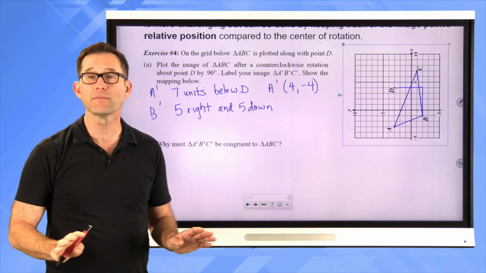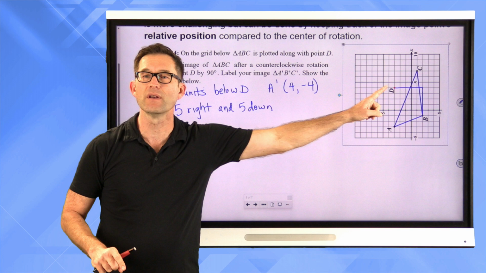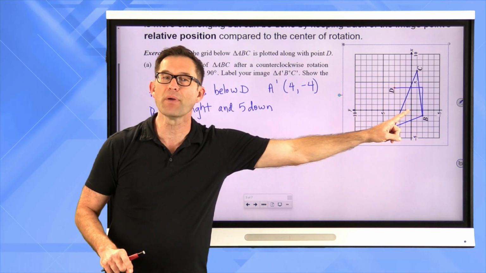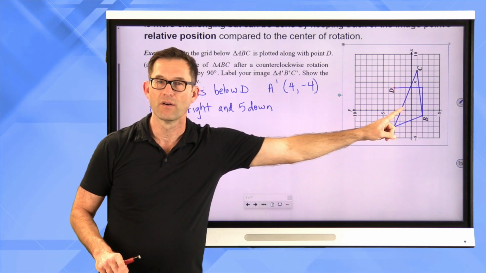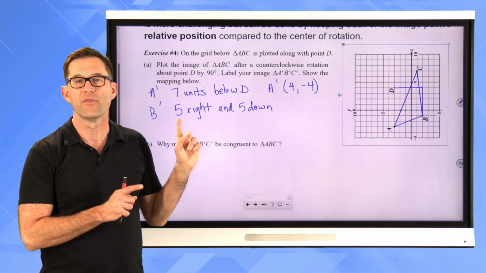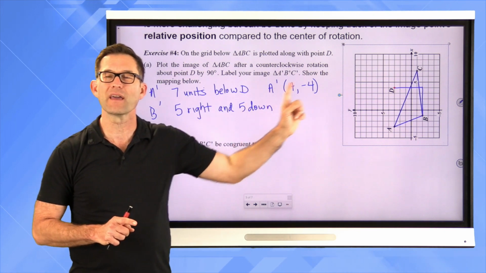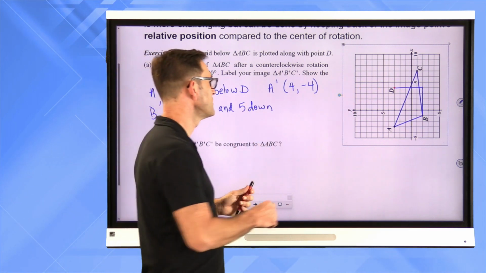And again, I'm just keeping track of where it is compared to my center of rotation instead of compared to the origin. It's nice when it's compared to the origin because then literally this would be the coordinate 5, comma, negative 5. But this is really 5, comma, negative 5 compared to where D is.